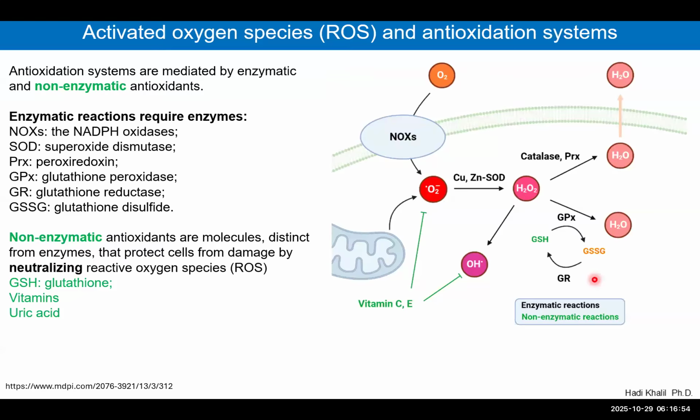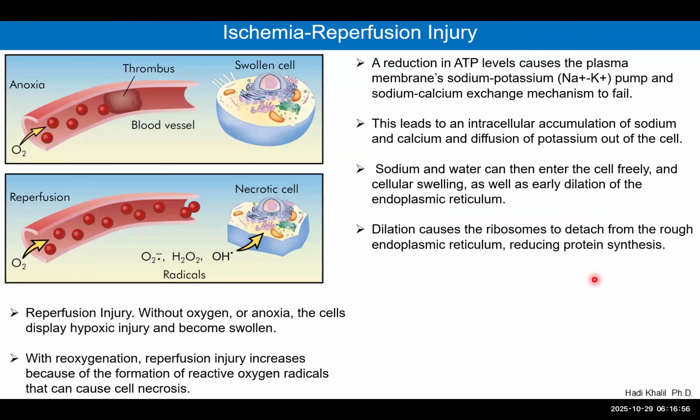Okay, so the other aspect that is mentioned here is that now we performed the reperfusion. In other words, we removed this thrombus, and the oxygen rushes in with those blood cells. But is this enough to save the cells?